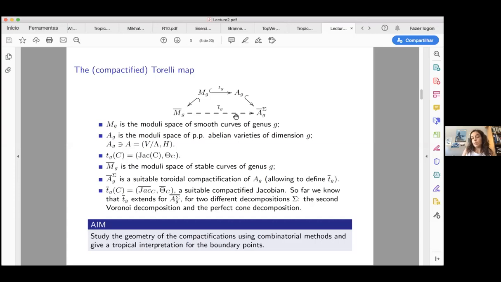It will make sense if, as we saw, M_g trop is constructed in the category of cone complexes or generalized cone complexes, we can also have a tropical version for A_g in the category of generalized cone complexes, and ideally the map we want to define would be a map of generalized cone complexes.